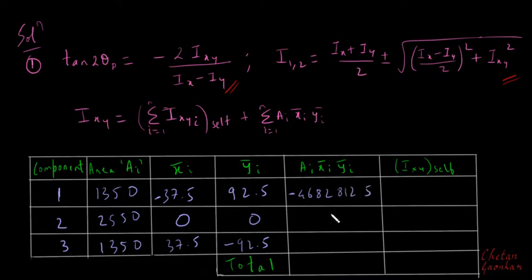This value will be 0, because here x bar and y bar are 0. This value will again be the same, minus 4682812.5.